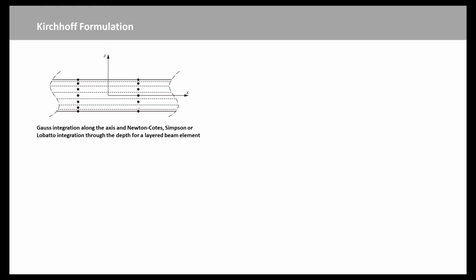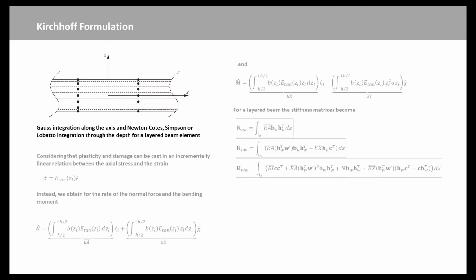When material nonlinear behavior is to be included in the analysis, such as plasticity or damage, the beam must be divided into a number of layers, in order to be able to monitor the spread of plasticity or damage through the depth of the beam. For most practical purposes, 5 to 9 Gauss integration points through the depth are used.